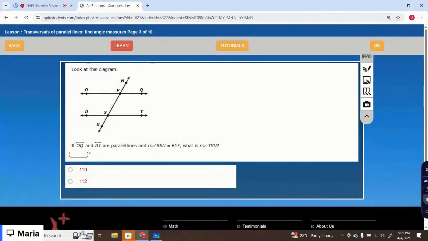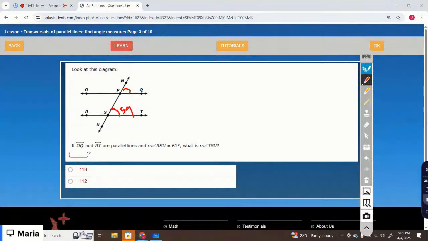Look at the diagram. If OQ and RT are parallel lines, and the measurement of RSU is 61, what is TSU? So TSU and RSU together make 180 degrees.